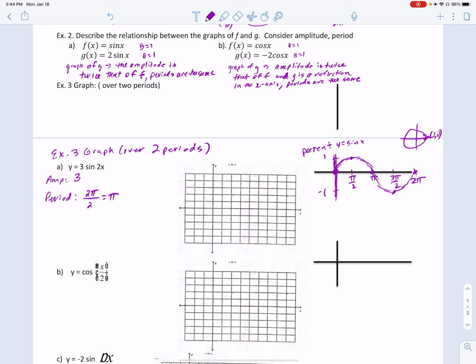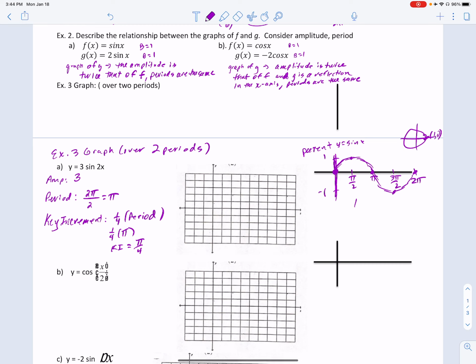So the period is pi. And then we need what we call the key increment, and that is always 1/4 of the period. And so 1/4 of pi, that key increment is pi-fourths.